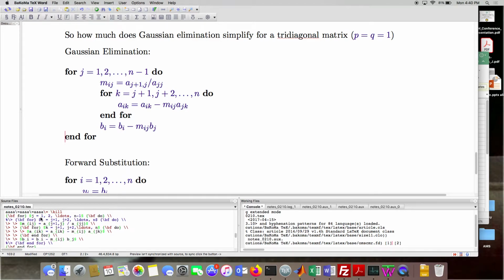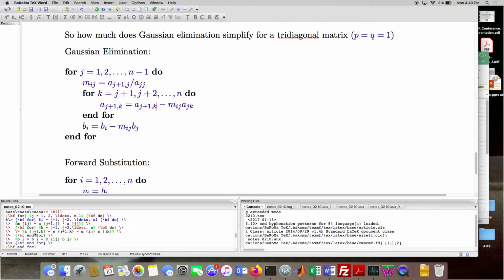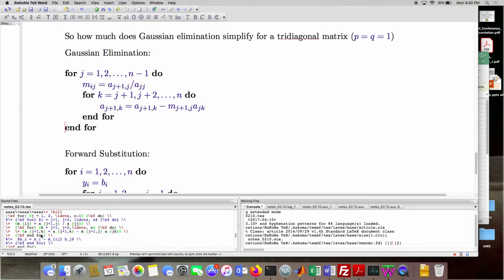Actually, I'll also unindent. Anywhere I see I, I'll just do J plus 1. And actually, this is for LU decomposition, so I'm not going to bother with the right-hand side anyway.